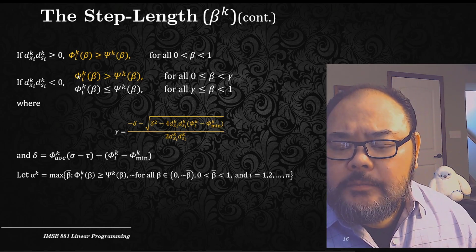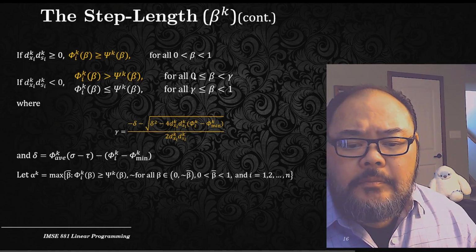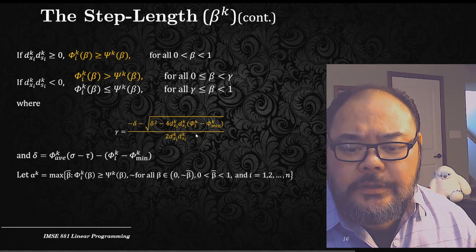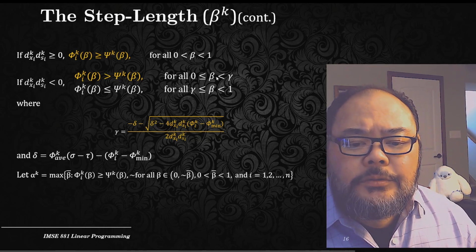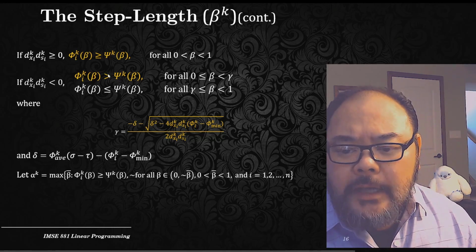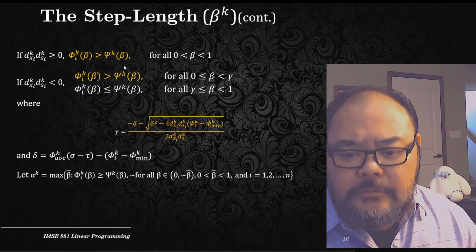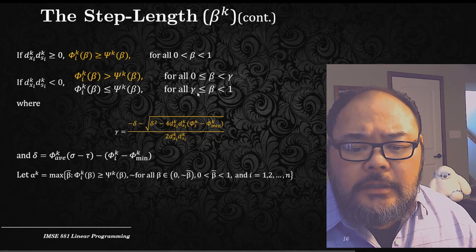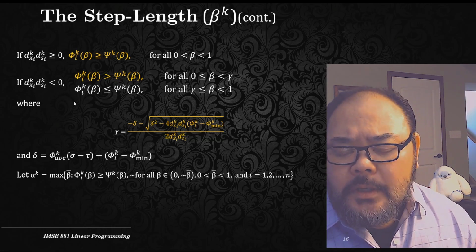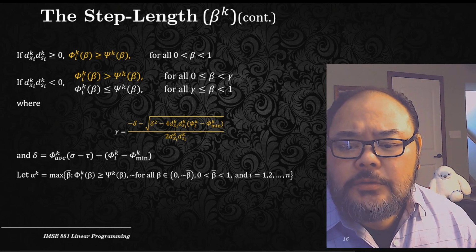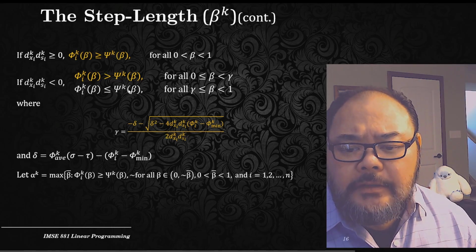One is for beta from 0 to gamma, where the new duality gap will be greater than the psi measurement. And if beta is from gamma to 1, then the new duality gap for this particular variable will be less than or equal to the psi measurement.